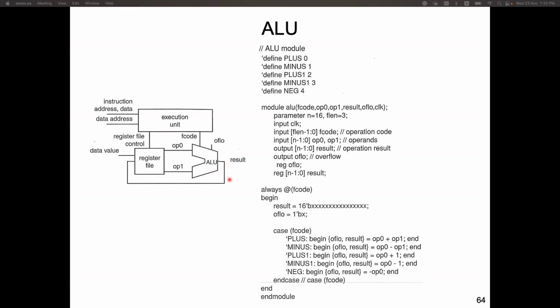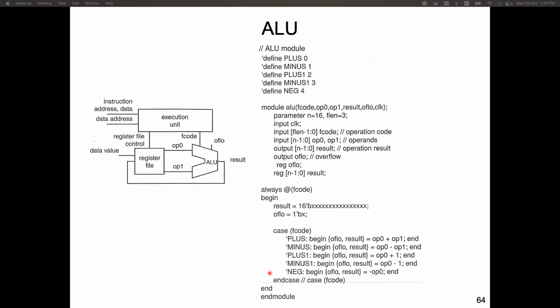It has a data output called the result, an input function code, F code, and also carry in and carry out, or the output overflow. That's the carry out.